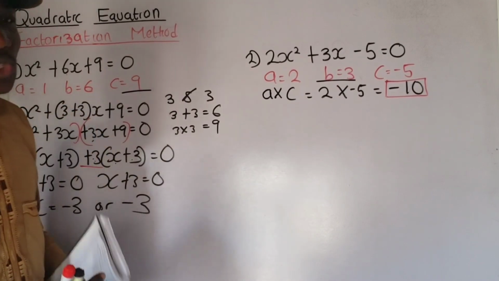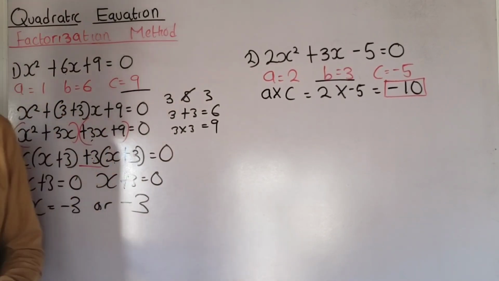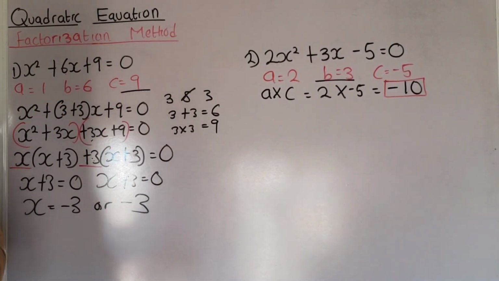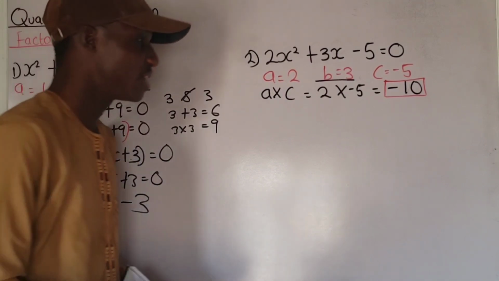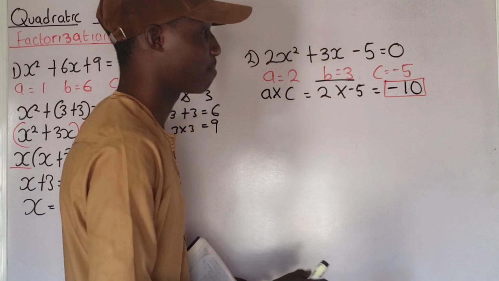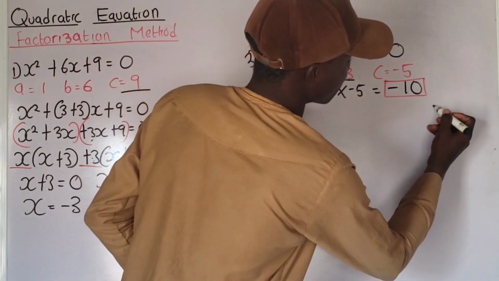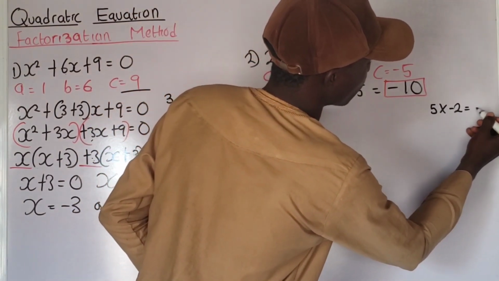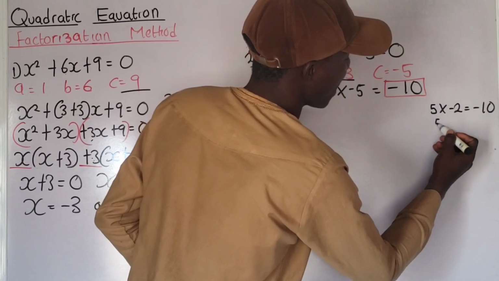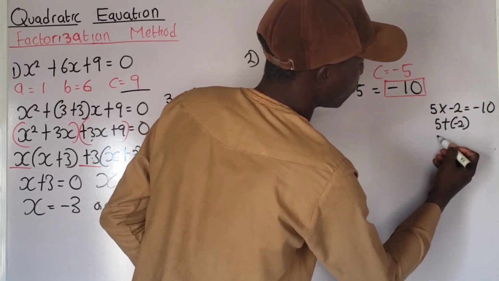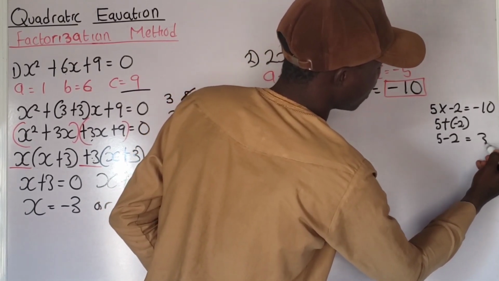Those two numbers are 5 and negative 2. You understand? Plus 5 and negative 2. Let's check. Please pay attention. Plus 5 multiplied by negative 2 will give us what? Negative 10. You understand? And 5 plus negative 2, that will be what? 5 minus 2, which is equal to 3. You understand?